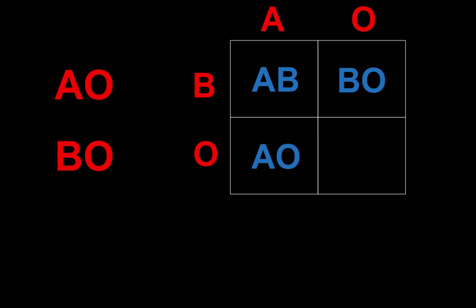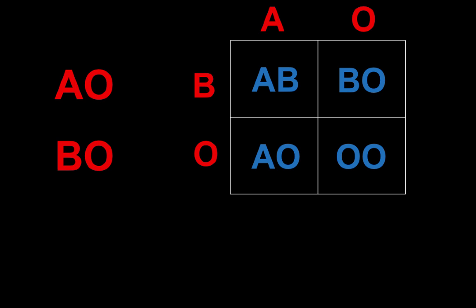So let's see how that works with a Punnett square. If I have a parent that's AO, so they would be blood type A, and another parent that's blood type B, and they're BO, I'm going to set up my Punnett square exactly the same way. Everything works the same way. And I'm going to end up with an AB, a BO, an AO, and an OO.